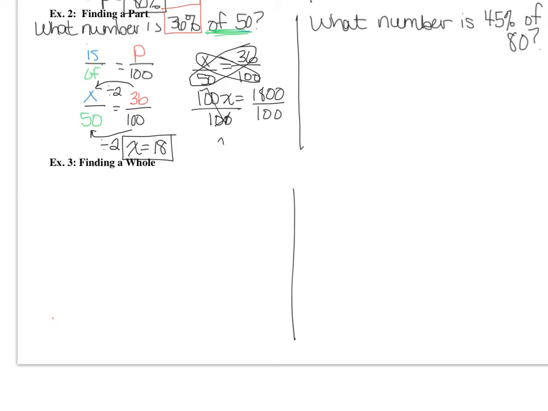Those cancel out, and I'm left with x. My two zeros cancel off, and 18 divided by 1 is 18. So those match. Either way is fine. Remember, we can solve proportions those two different ways. All right, let's give example 2 a shot. What number is 45% of 80?